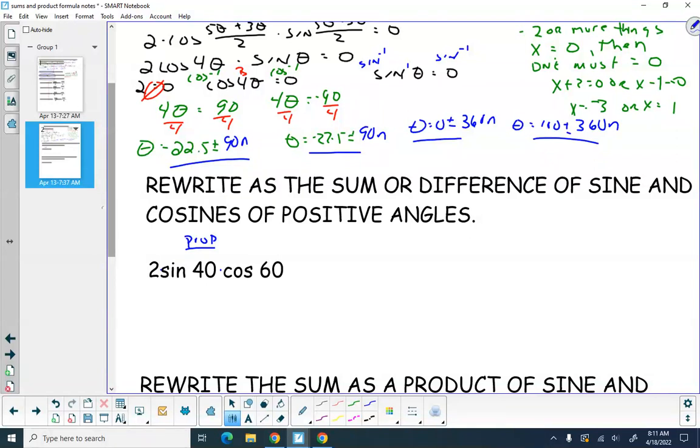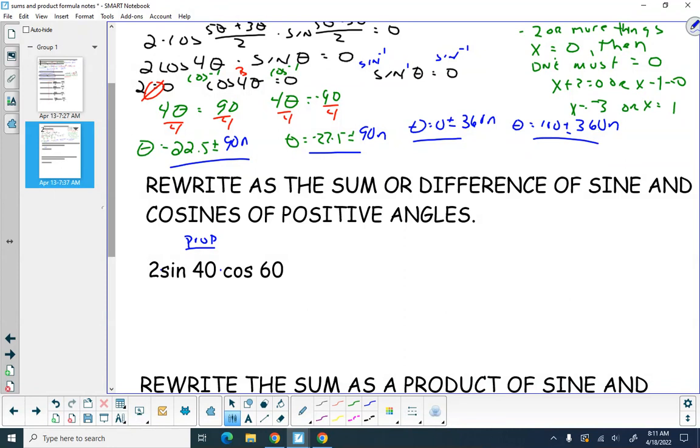So we have 2 sine of 40 cosine of 60. On my list that I wrote down, my products are on the right-hand side. I'm looking for 2 times the sine of an angle times the cosine of a second angle, and I want to take that from the right and move it back to the left.